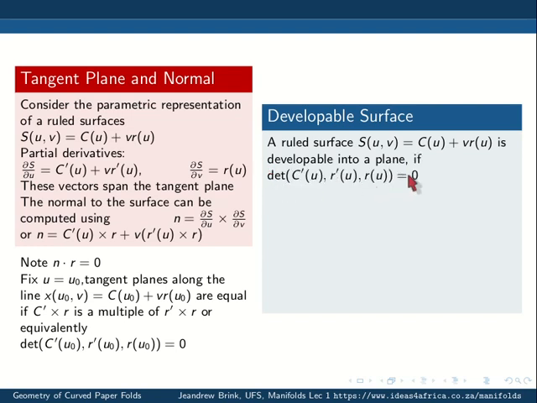If this determinant is 0, okay, so given a ruled surface, you can always work out what the derivative of C is, what the derivative of R is, and then calculate this determinant and put the condition that it's 0, and then you are sure you have a developable surface. So you can basically check the condition that the surface is developable. And the reason you want to check that, for example, suppose you have a cone.